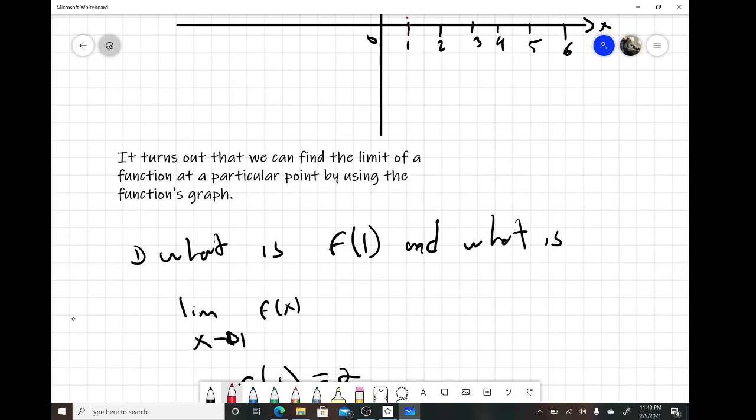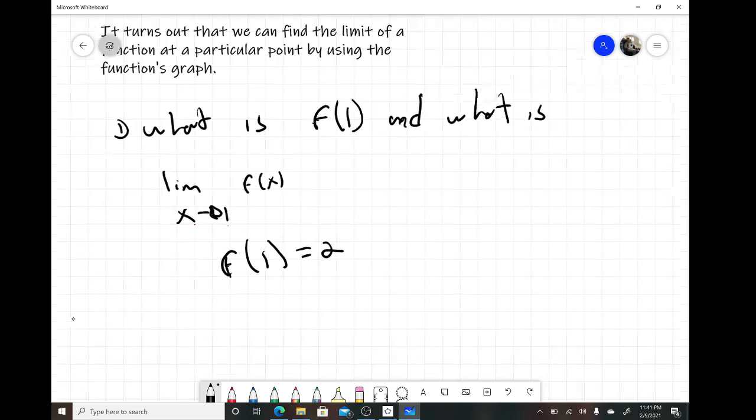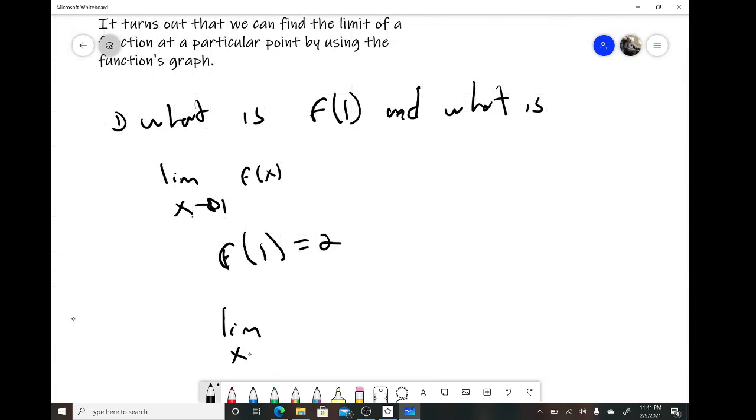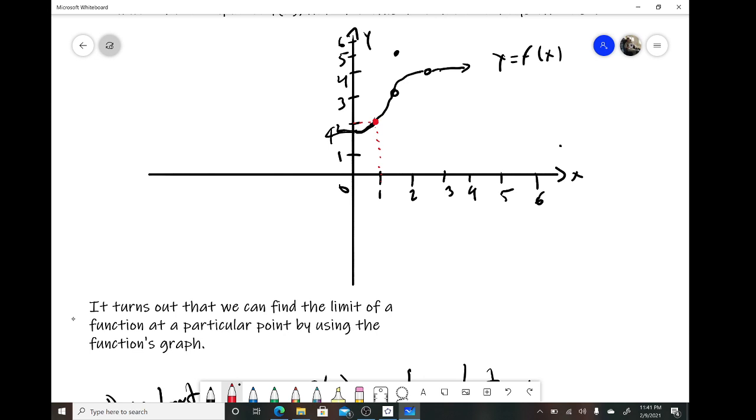Now, what is the limit as x goes to 1, or as x approaches 1? So the limit as x goes to 1 of f of x is what? Well, to find out what the limit is, we have to look at what happens to the x values as they approach x equals 1 on both sides.